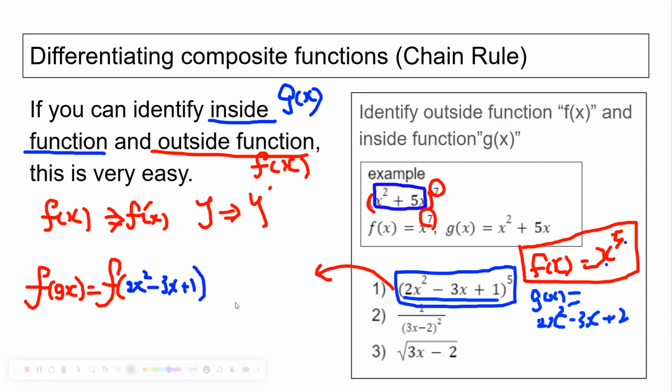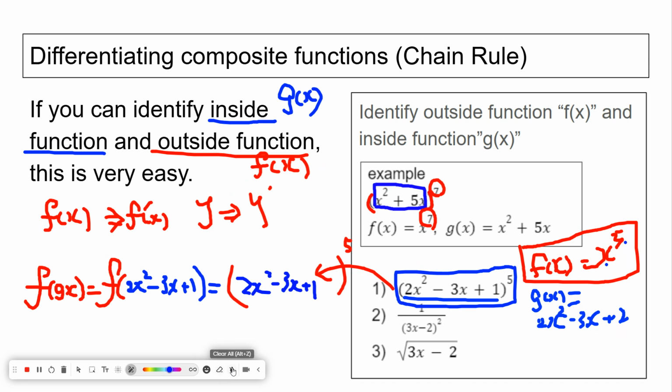So this one is going to be to the power of 5, and the inside is 2x squared minus 3x plus 1, like that. Hope it does make sense for you.